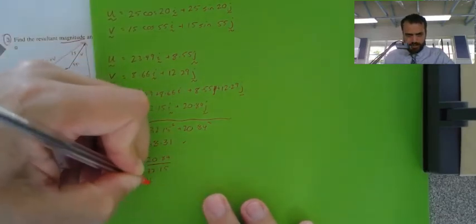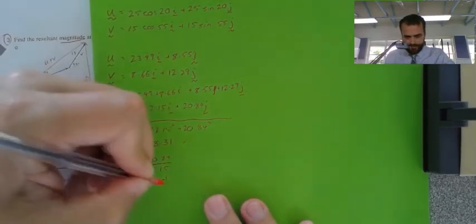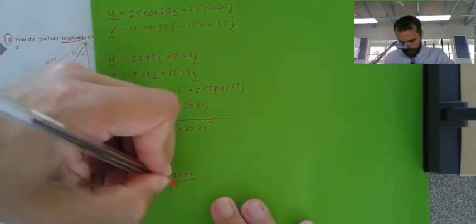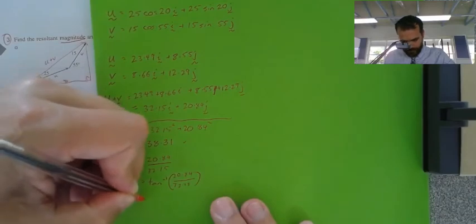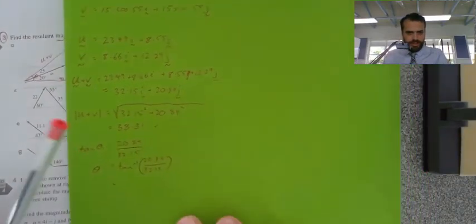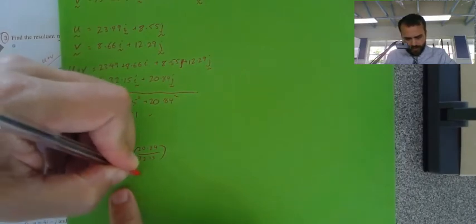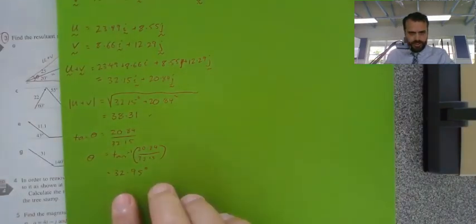So theta is equal to inverse tan of that. Alright, calculator, get an answer. Alright, so I've got an answer here of 32.95 degrees.